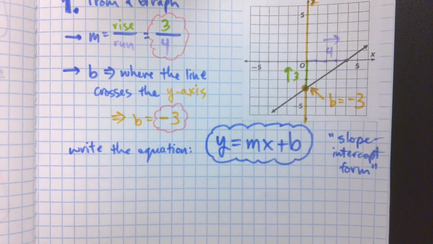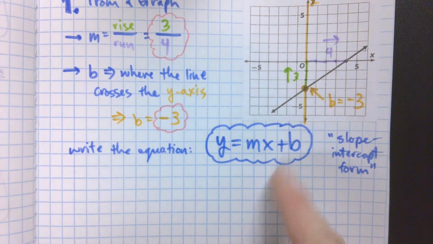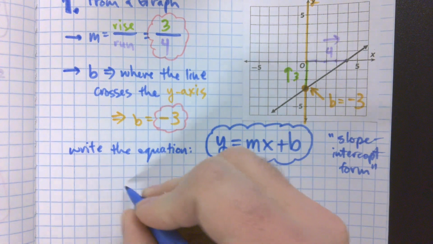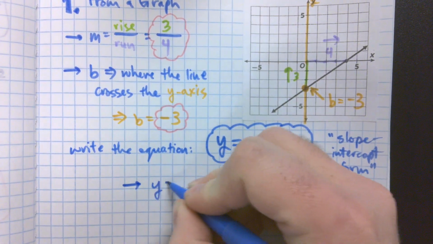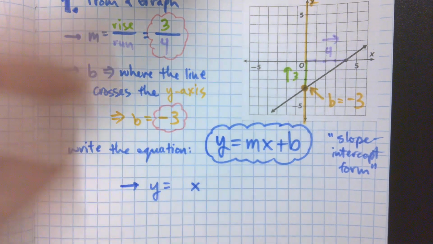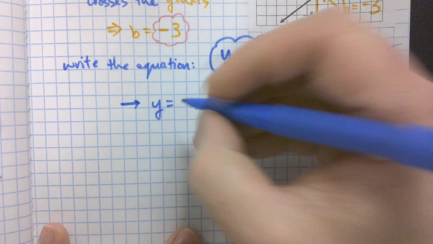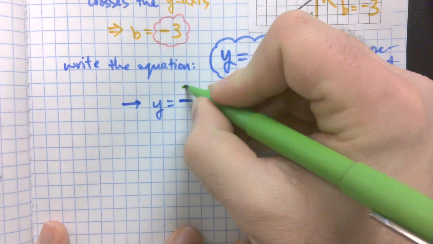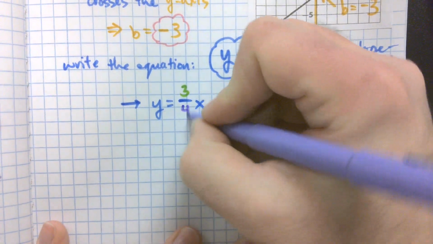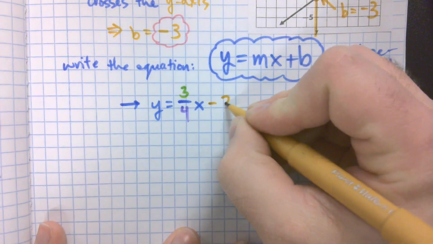Where all we have to do is plug in the M and plug in the B. What am I going to plug in for M here? 3 over 4. Exactly. 3 over 4x. What's my B? -3.